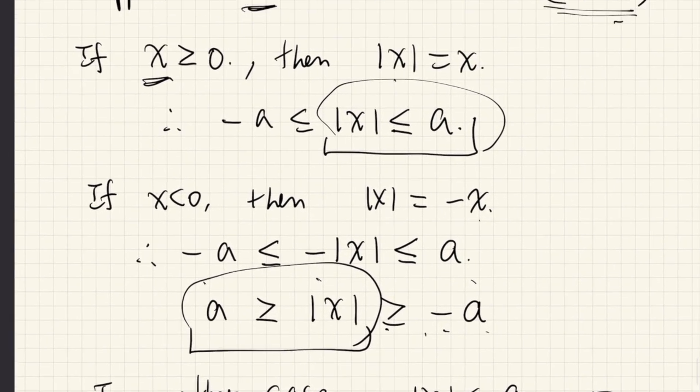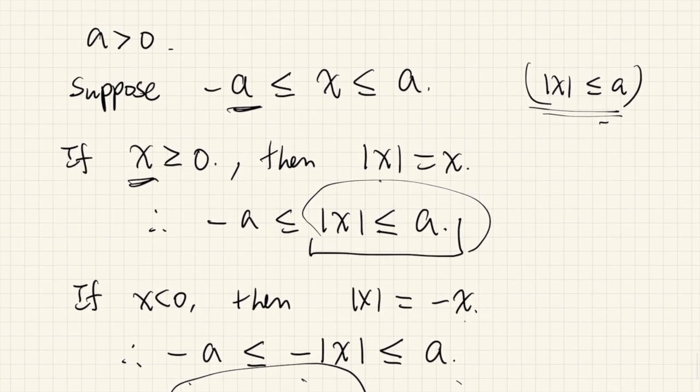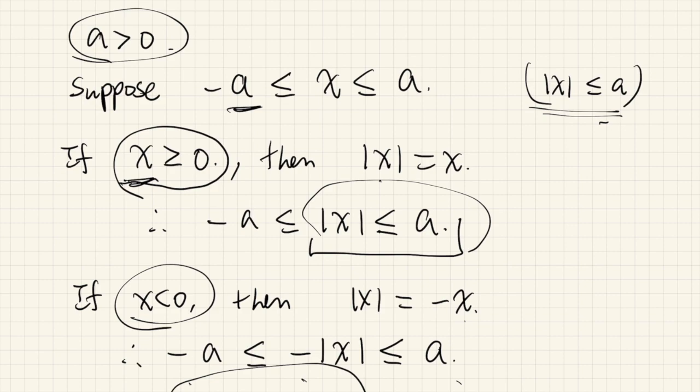Again, in this proof, we do not use any specific real numbers like x equal to 2 or 1 or 3 or whatever, but we just use a general property of any real number. It can be positive or 0 or negative. That's all we need here. Well, a is given as a positive number, so it's just positive. It can be 1 or 2 or 0.00001 or whatever.